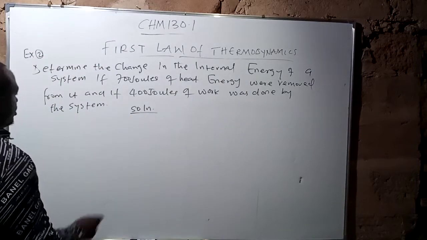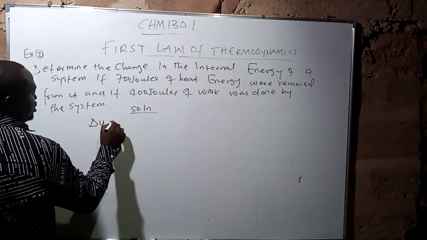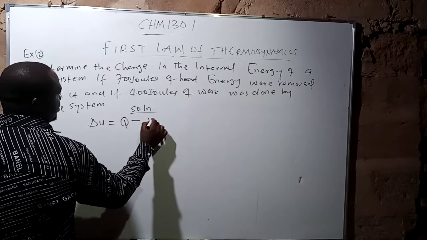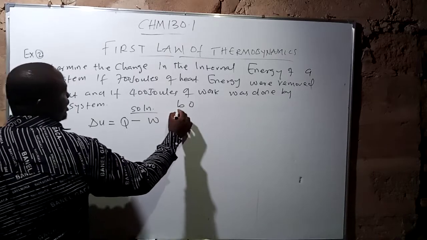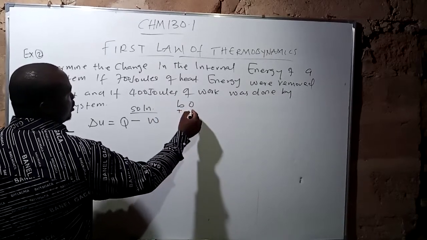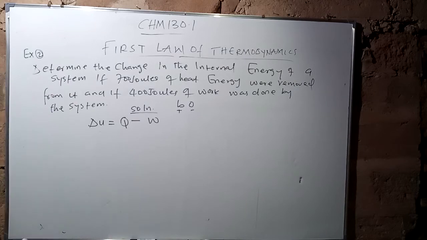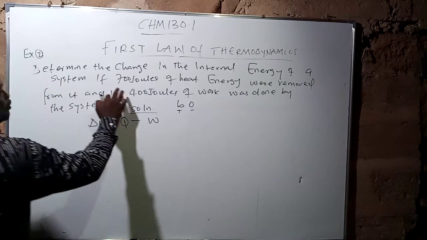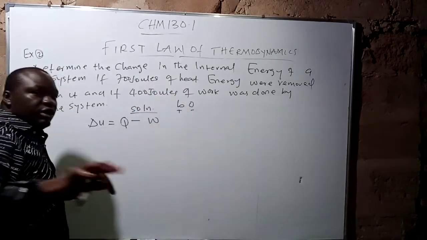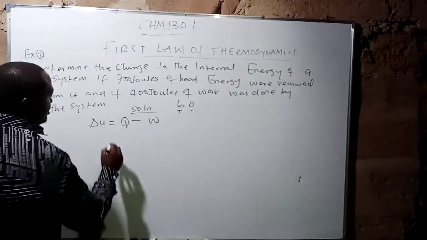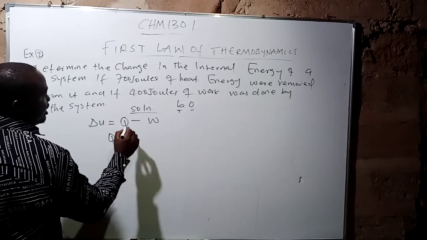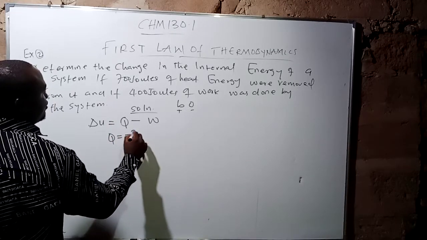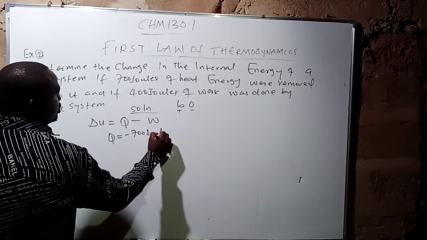And so we have our beautiful formula, change in U is equal to Q minus W. Remember our simple formula, Bohr: work done by the system positive, work done on the system negative. Determine the change in the internal energy if 700 joules of heat were removed, so heat was released. If heat is released, the heat energy is negative, so we have negative 700 joules.